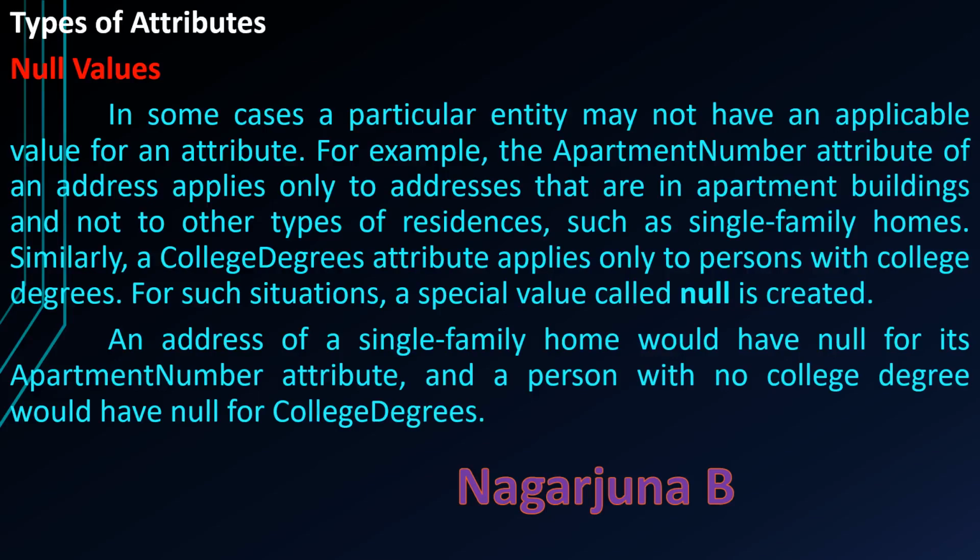The meaning of the former type of null is not applicable. That means in the case of an apartment number for a single family home, the null means it is not applicable, whereas the meaning of the latter one is unknown.